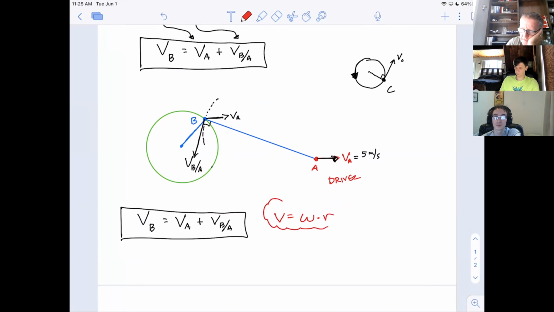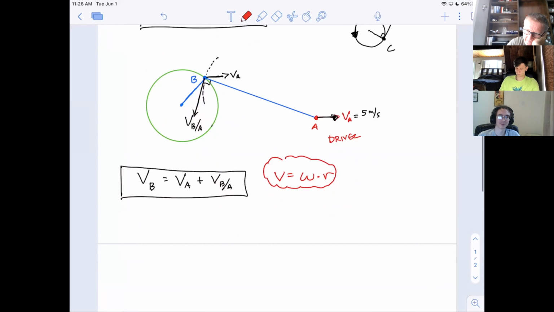And incidentally, what this really says, I don't know if you think of it this way, but linear velocity and angular velocity are proportionate to each other. And the proportion is radius. The radius is what allows you to convert between those two worlds.